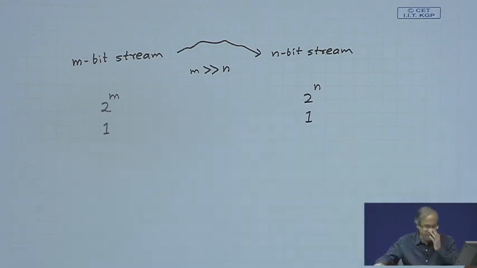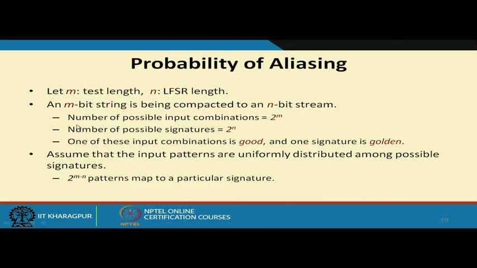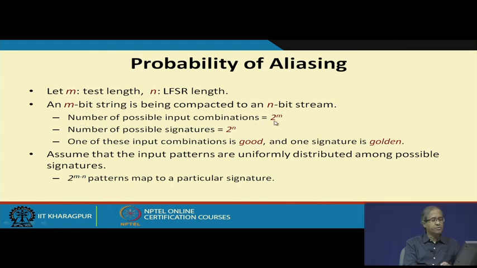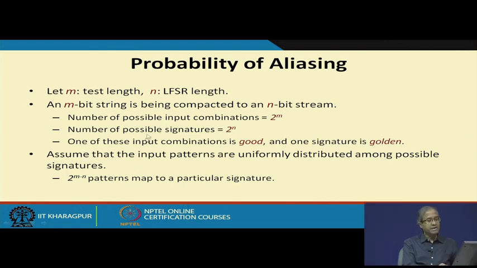This is what we are telling in this slide. The number of possible input combinations is 2 to the power m, and the possible signatures are 2 to the power n. Out of these, one signature is the good signature, or the golden signature. Now, we make an assumption that these 2 to the power m input patterns are uniformly distributed among the signatures.